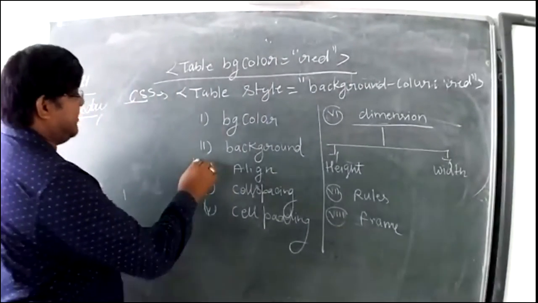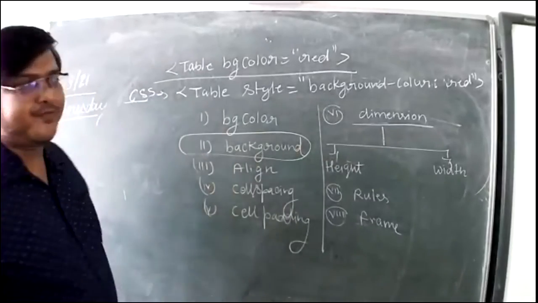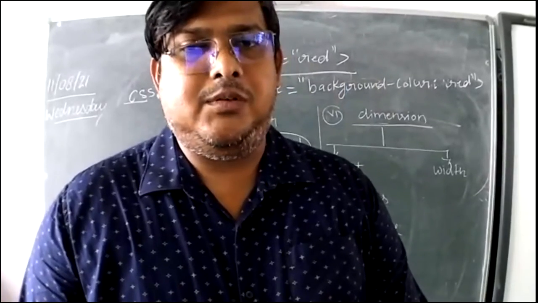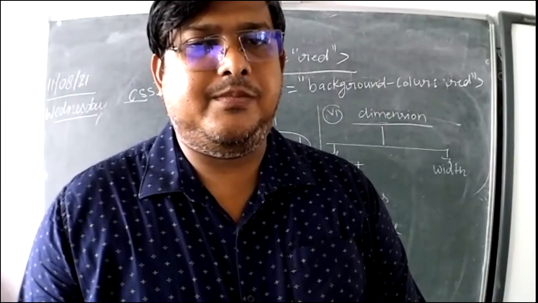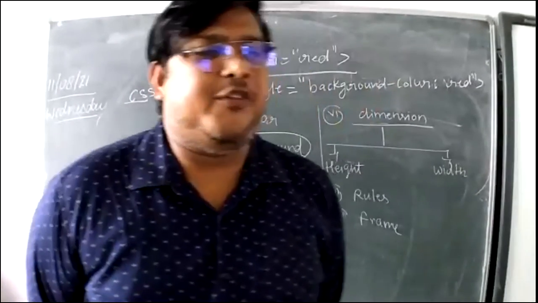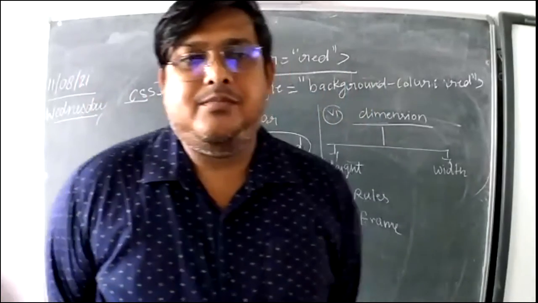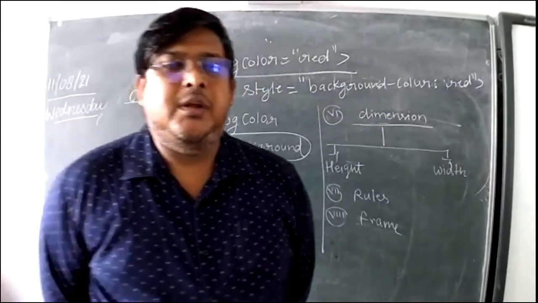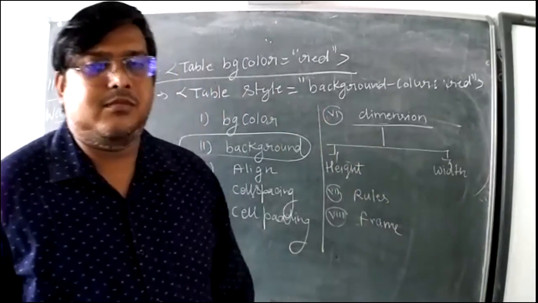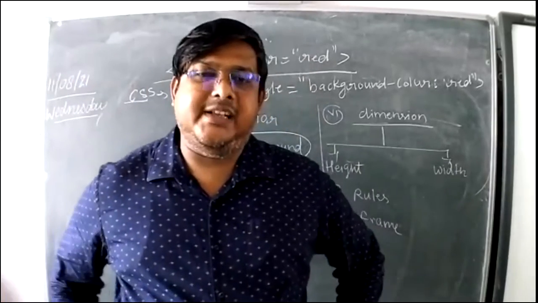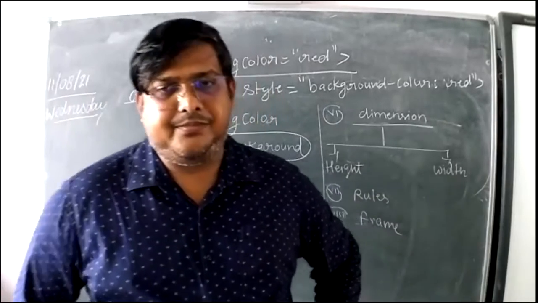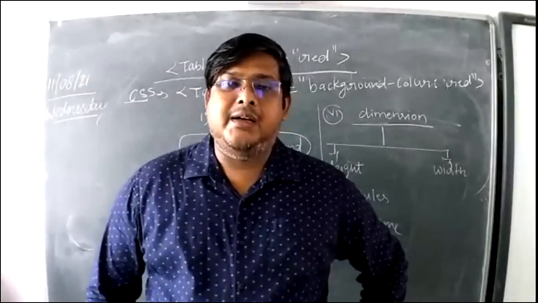Now another attribute, that one is the background. Write down: background attribute of the table tag is used to set the image in the background of the table.